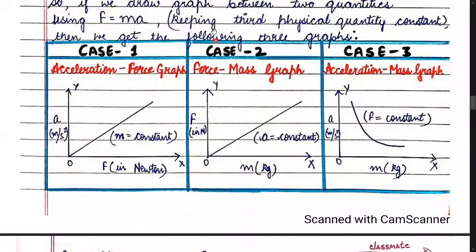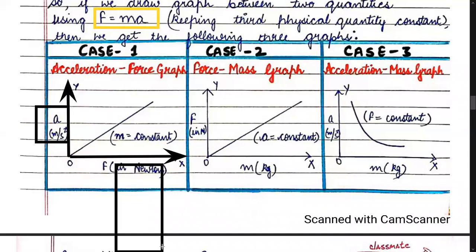Now, according to F is equal to ma, we are having three graphs. If A is taken along y-axis and F is taken along x-axis, children, just see how I am writing down the graph. You have to write down what is on the y-axis and what is along the x-axis.